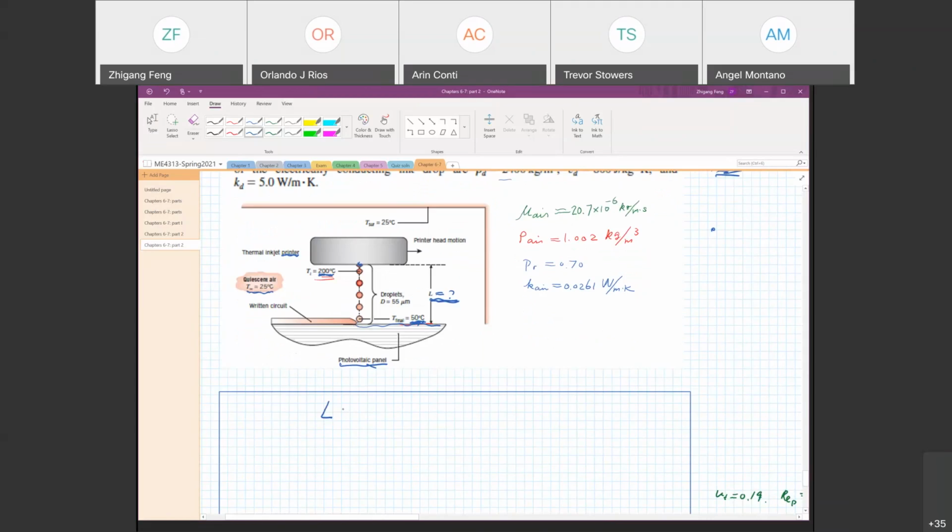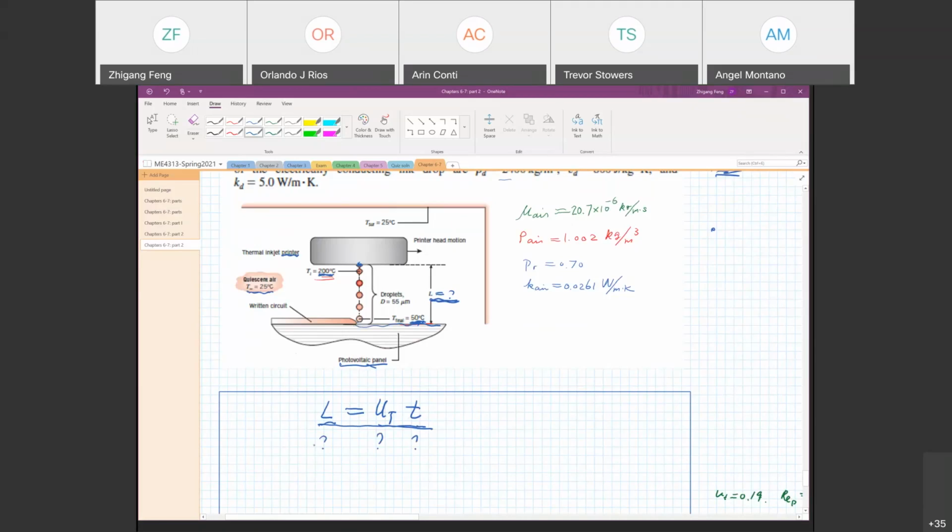For a droplet to fall from the ink printer to the surface, if the time is t and the velocity is u sub t, the terminal velocity, then that's a relationship. That's the equation for us to find L. L is the one we want to find. But looking at this equation, we don't know t. We don't know u sub t, the terminal velocity. We don't know L, right?